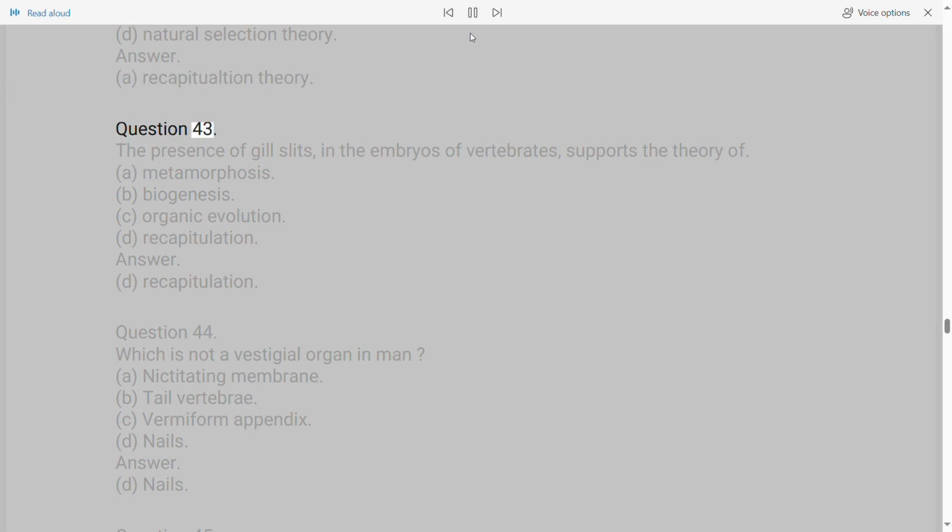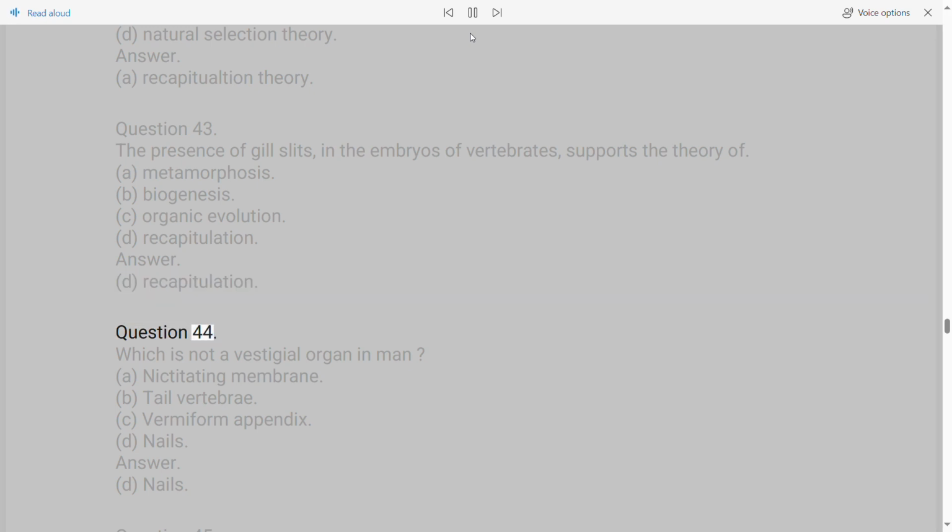Question 43. The presence of gill slits in the embryos of vertebrates supports the theory of A. Metamorphosis. B. Biogenesis. C. Organic evolution. D. Recapitulation. Answer. D. Recapitulation.